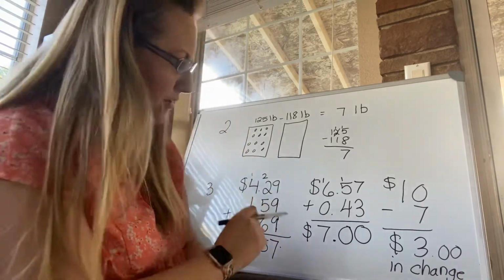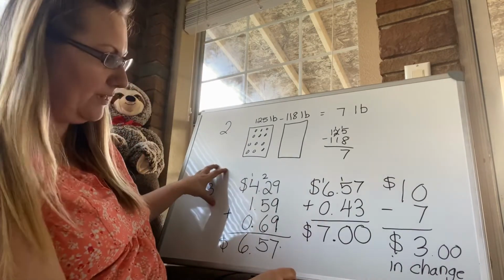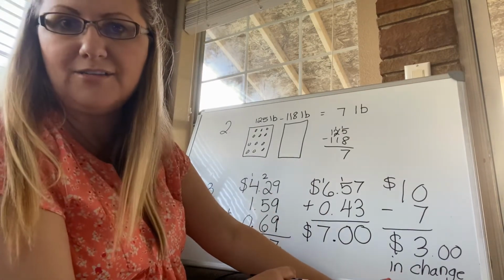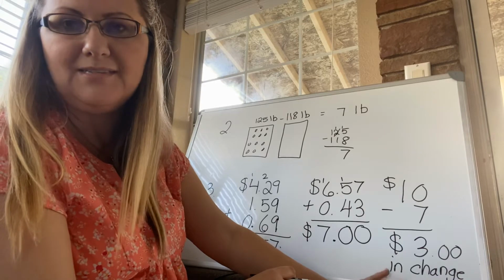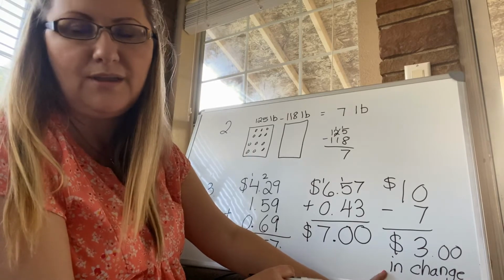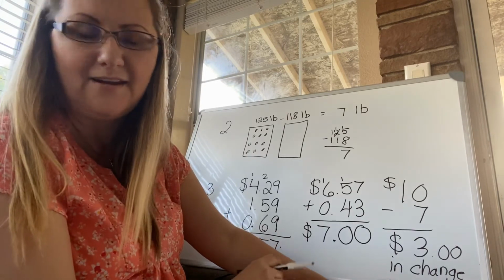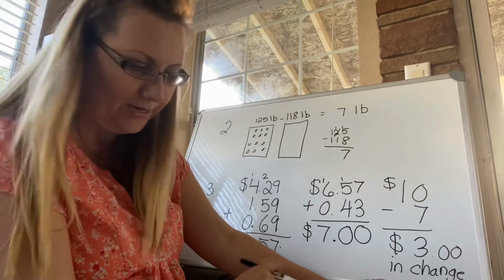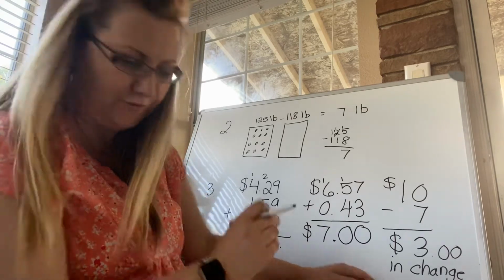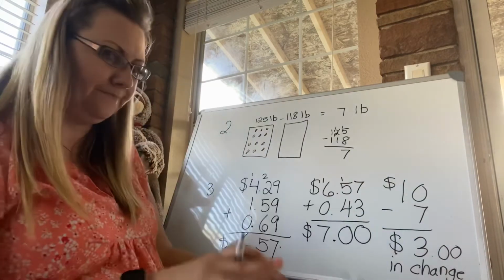I do not want you to just write number 3. The answer is $3 and change, okay? Because I would consider that incorrect. I would be marking that off and you would be redoing it later at home. So let's just do it right the first time, okay, and show all of our work.